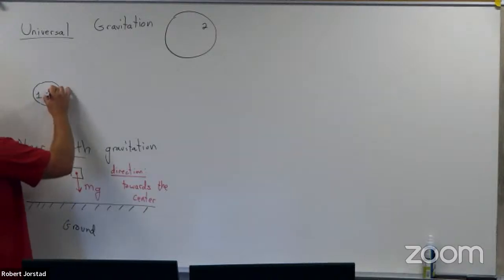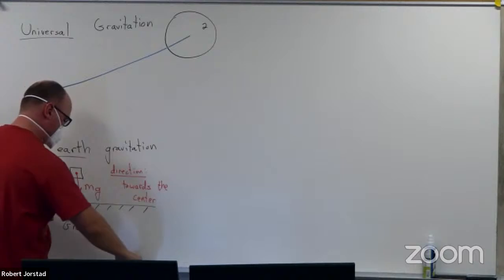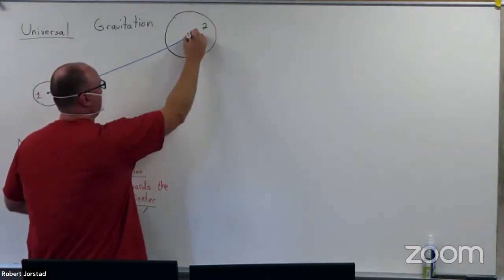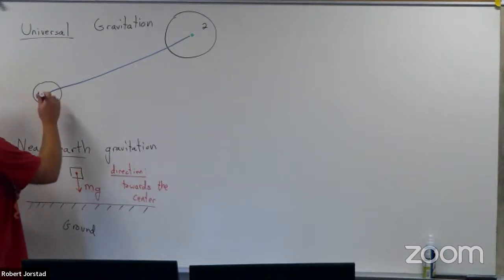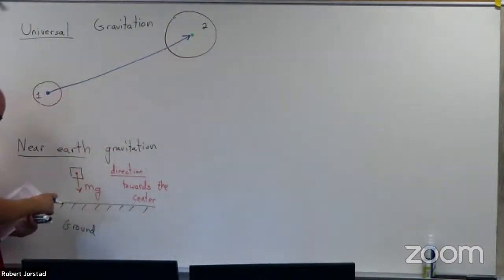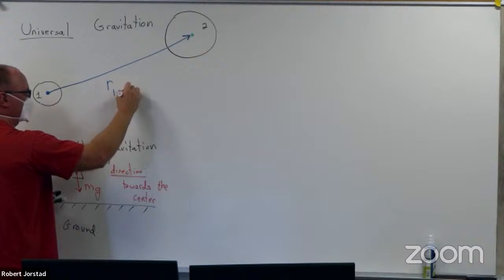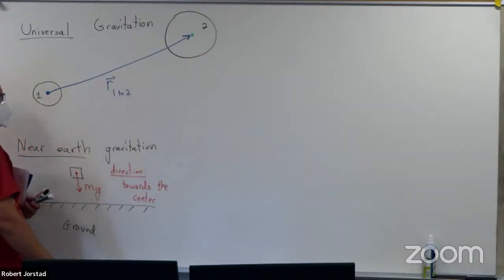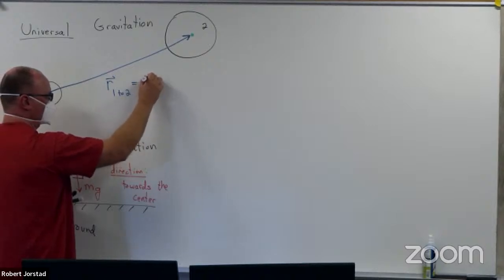First, I want to describe a vector that goes from the center of 1 to the center of 2. All right? And I'm going to call that R1 to 2. Sometimes I get lazy and I just say R12. Okay?